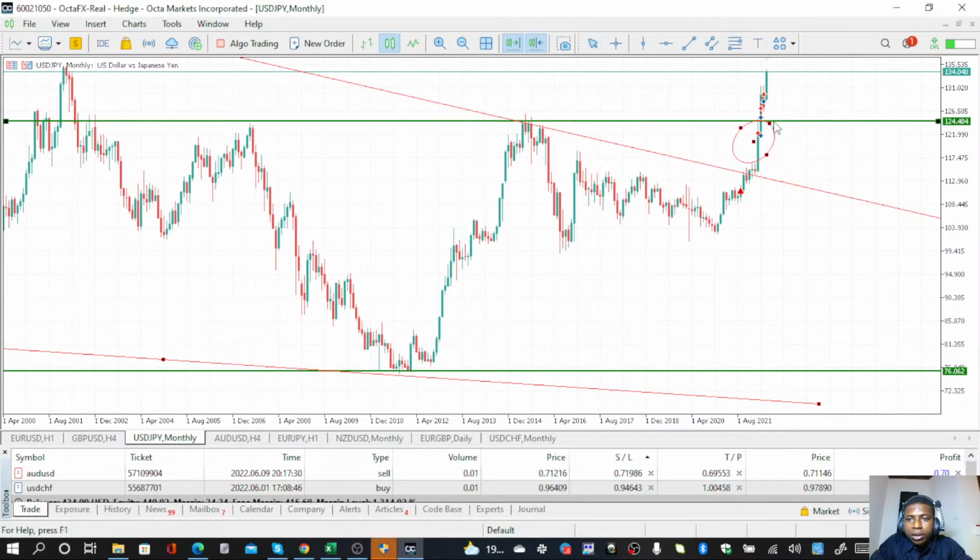Now let's zoom closer so you can see that at this region there was a breakout. It was as a result of this breakout candle that we have this bullish momentum coming in. Now, this bullish momentum would lose its steam at a point.